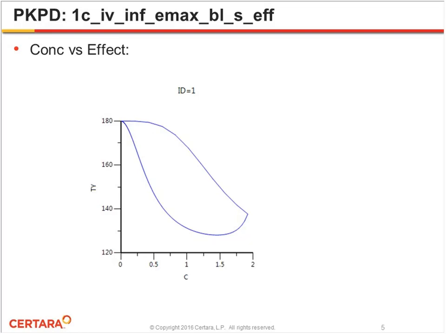And the concentrations are really following a hysteresis curve. So there is a delay between the PK and the PD, which we have to model. And a typical way to model this delay is using an effect compartment. And I will show you how to do this in textual mode, but also with a graphical model in NLME.